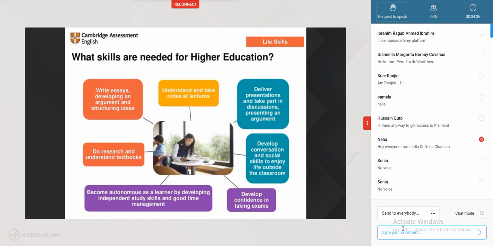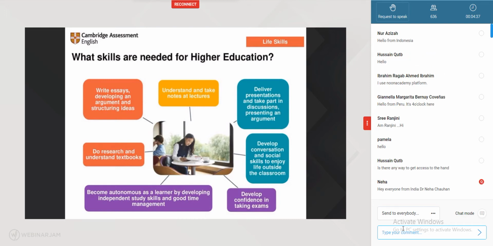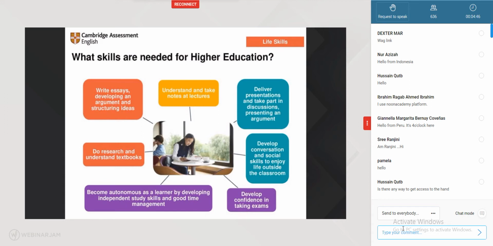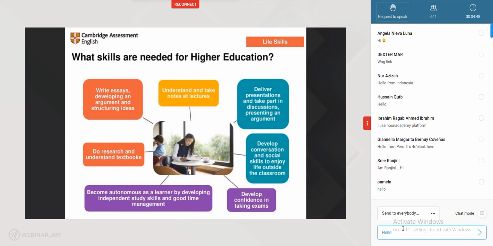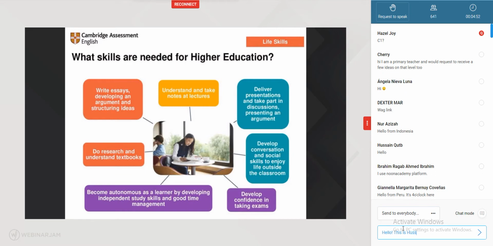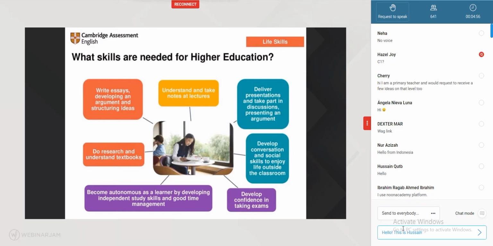So what skills are needed in higher education, Victoria, and how are these reflected in C1, do you think? Well, I think that if students want to go to university, they will need to be able to write essays and be able to develop an argument and also structure their ideas. From a listening point of view, be able to understand and take notes at lectures.